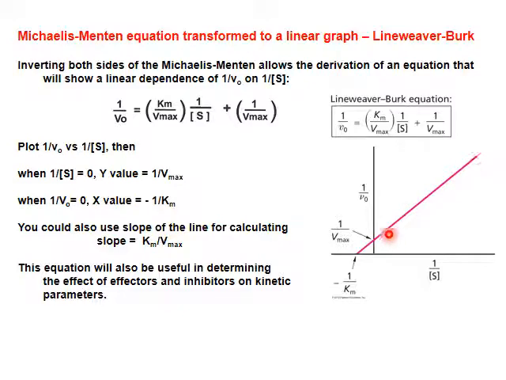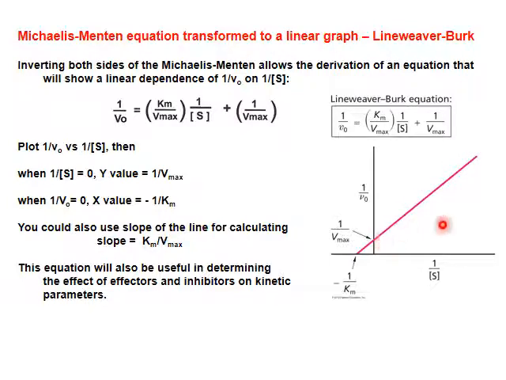The values here won't change very much because the S's are very similar, and when S gets smaller, this number gets much larger. And so you have an unequal distribution of 1 over S values unless you figured out beforehand what your 1 over S values were going to be in a Lineweaver-Burk plot. Then you can convert them back to a concentration of S. So that was more experimental details there.